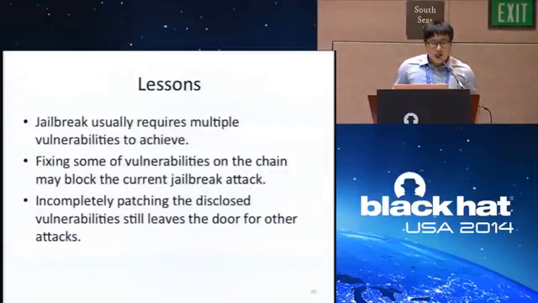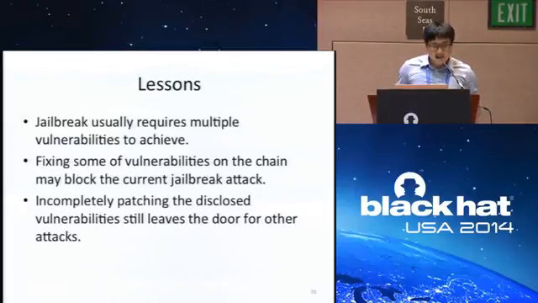To conclude the talk, we learned that a jailbreak usually requires multiple vulnerabilities to achieve rooting of the process. Evasion 7 chained 9 steps of vulnerabilities to achieve a jailbreak.